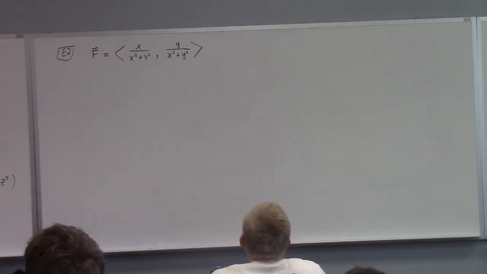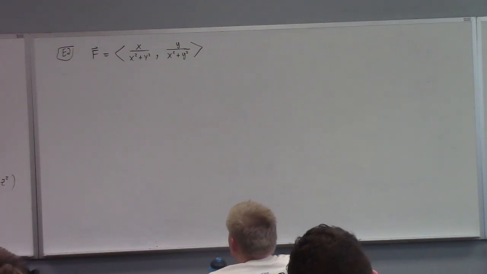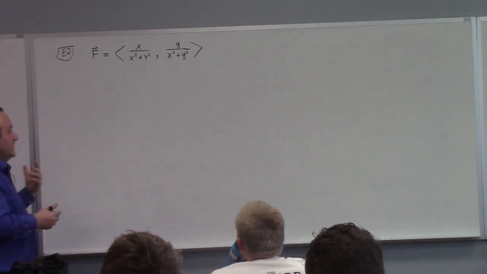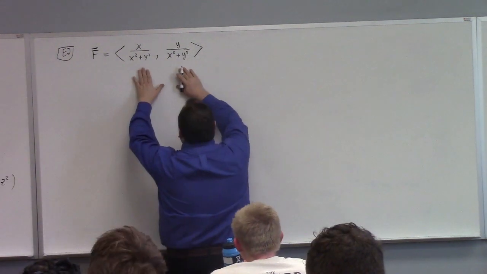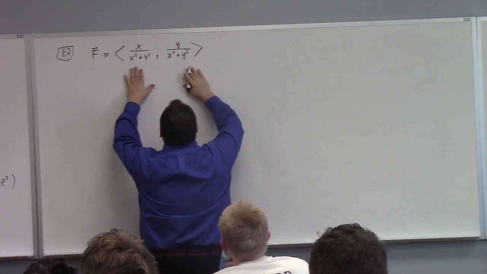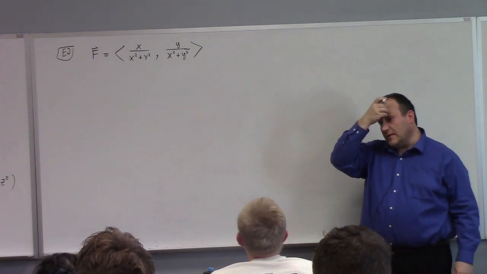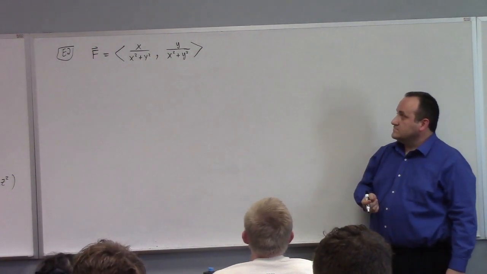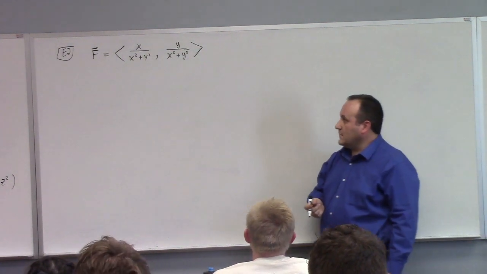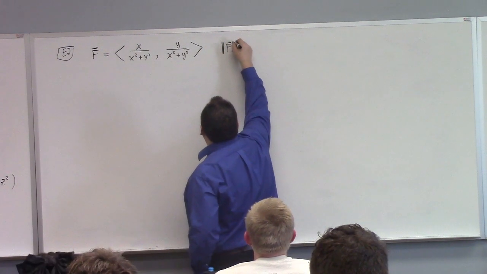So here's another force field. This is in some sense analogous to the other one, because in 2 dimensions, this is essentially, what's the magnitude of F here? It'd be the square root of x over x squared plus y squared, plus y over x squared plus y squared.